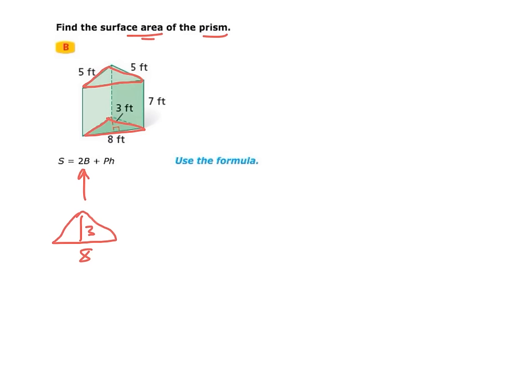So to find the area of this triangle, I have to do the base times the height, but then divide it by 2, because it's a triangle. So it's 1/2 times 3 times 8. So I'm going to start plugging that in the formula.